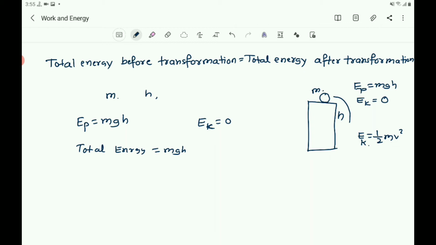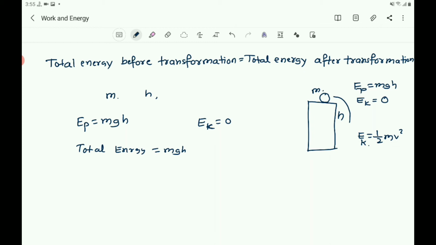As the fall continues, the potential energy goes on decreasing and converts into kinetic energy. The potential energy would decrease while the kinetic energy would increase.